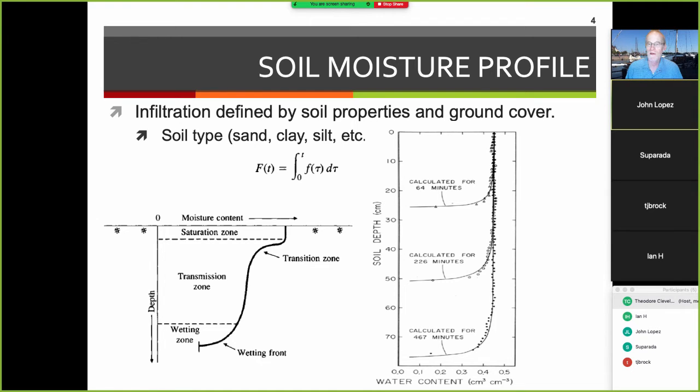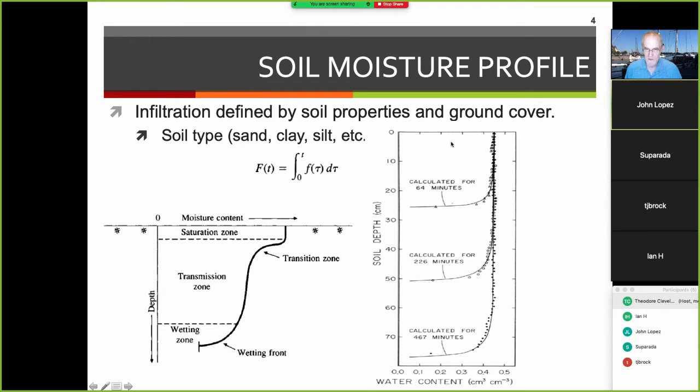so the puddle never changes its depth. Under those conditions, in this particular soil, at about 1 hour, the wetting front, if you will, is 25 centimeters deep. At almost 4 hours, we've gone from 25 to 50 centimeters, and at 10 hours, we're at 75 centimeters.